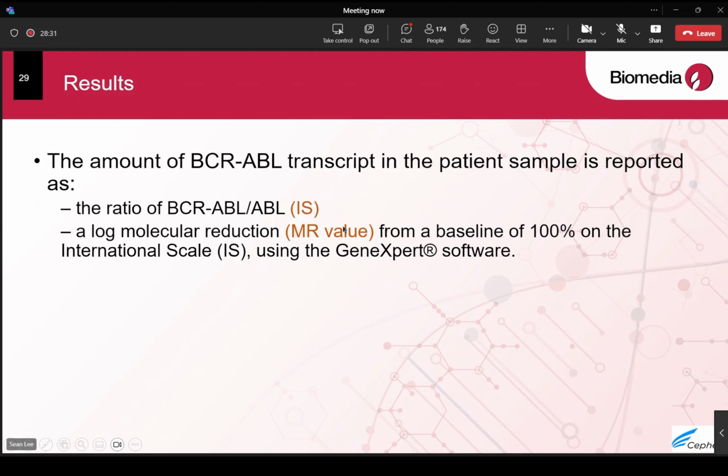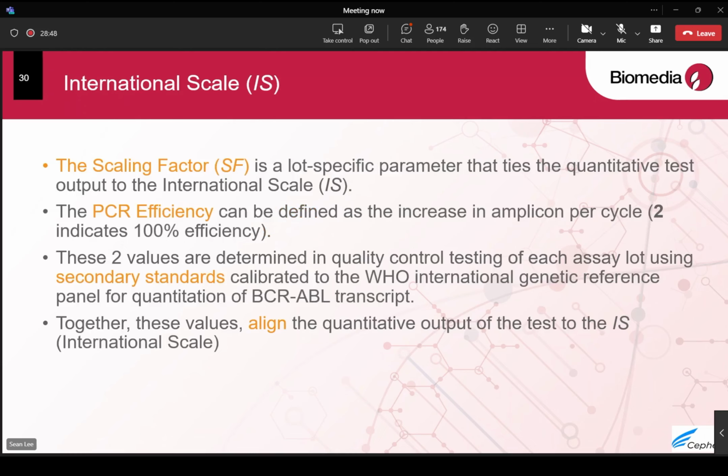Previously, without this system, hematologists who wanted the IS and MR values needed to calculate manually. I know it's a headache, because you need to use a lot of data, for example the scaling factor or PCR efficiency and all these things. Doing that is a headache also.